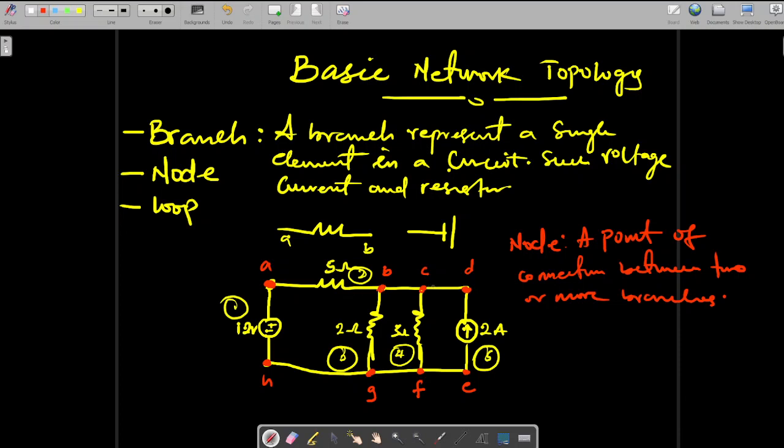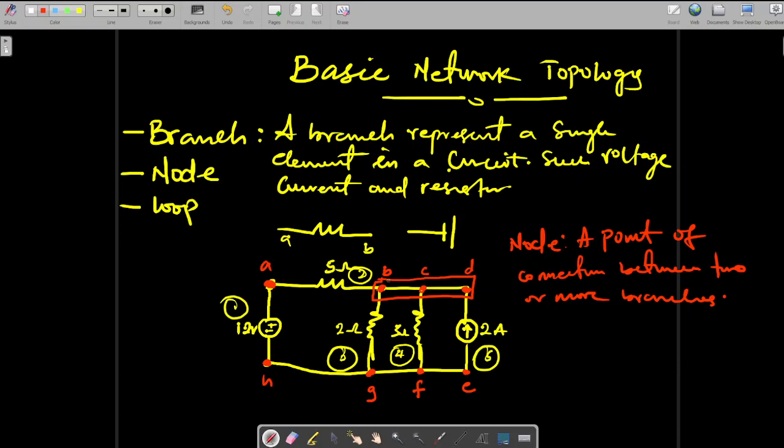Between B, C, and D, there's no branch between them. Since they are on the same line without any branch separating them, unlike A and B, you can see that between A and B, there's a resistor of 5 ohms. Between B and G, there's a resistor of 2 ohms.